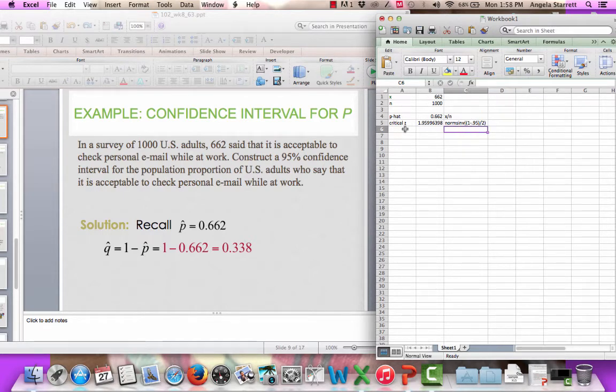Okay, so I have my critical z. I also need q hat, which is 1 minus p hat. So you can see we have our p hat and our q hat.